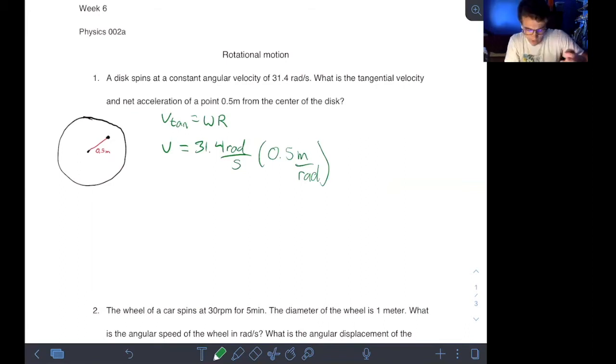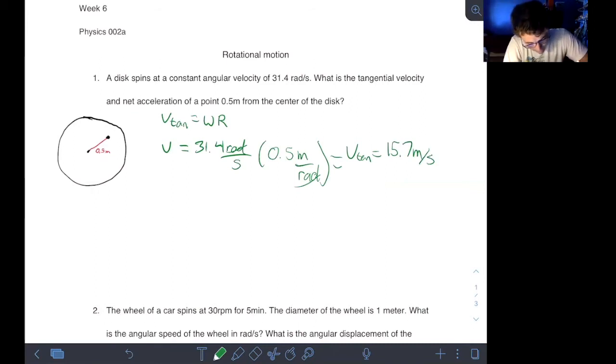So you don't have to put radians, but anyways, it cancels and makes the units work. Cancel the radians, now we have meters per second. So the tangential velocity equals half of that, 15.7 meters per second. That's the tangential velocity, right?